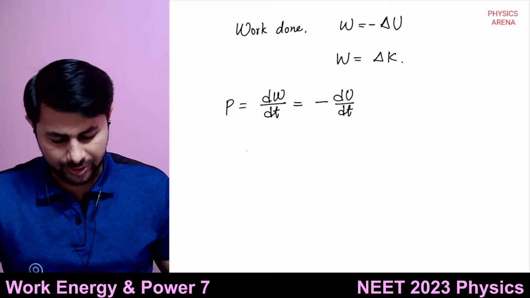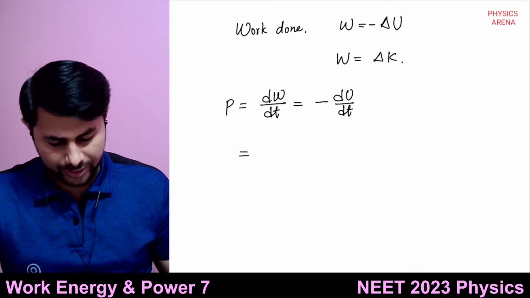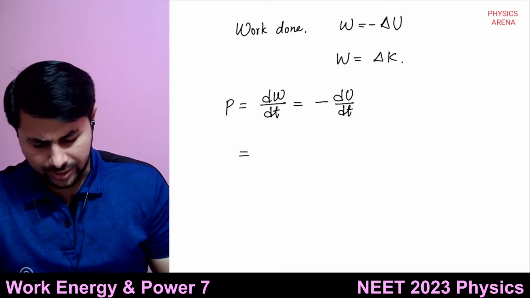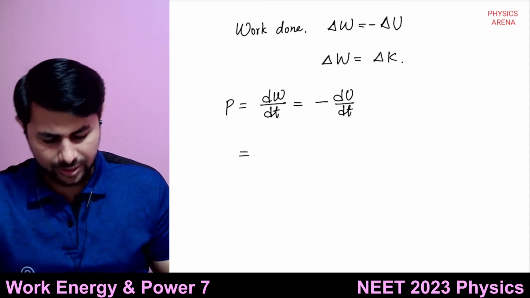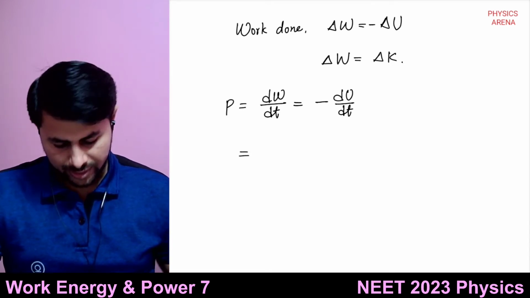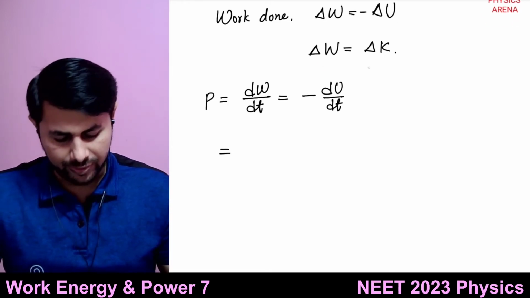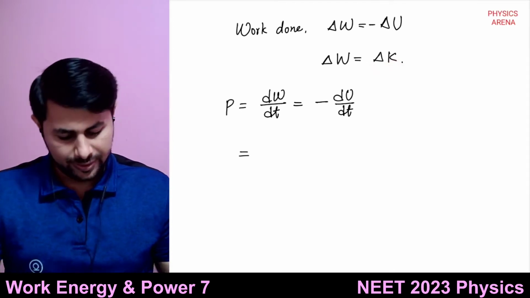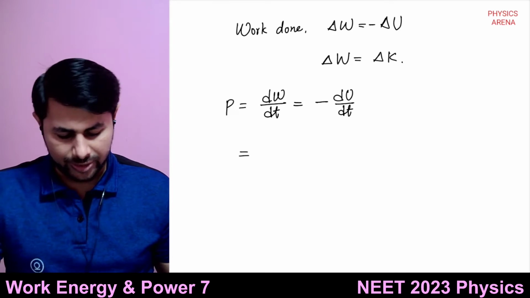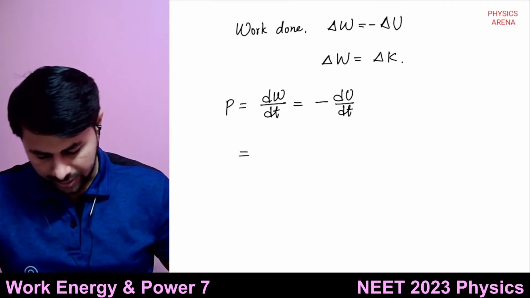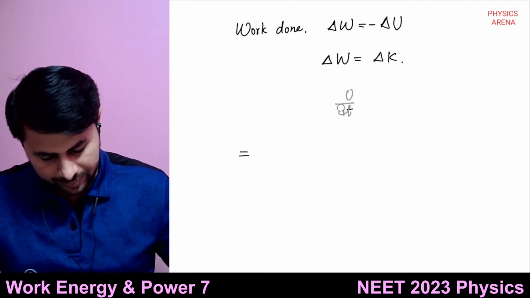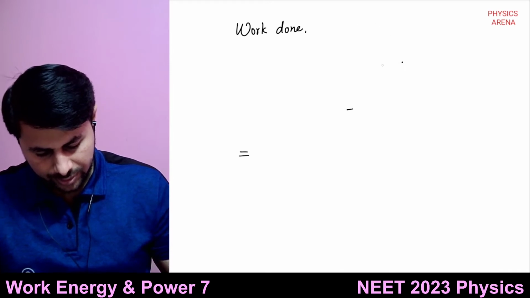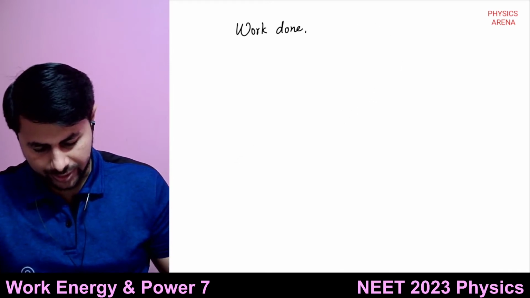And there is one more formula. Let's talk about small work, and call it delta W, which is equal to delta K, change in kinetic energy, right? I will erase this to stay consistent with the notations.